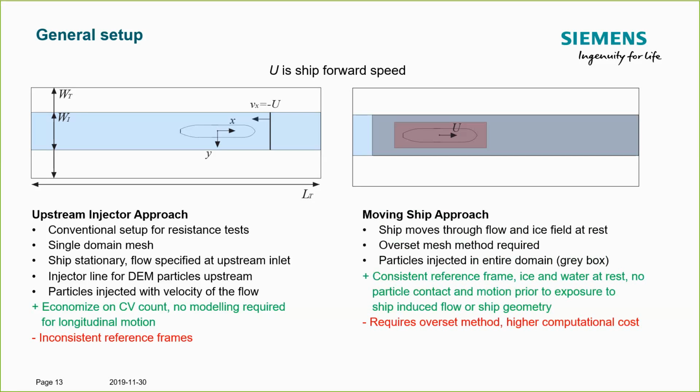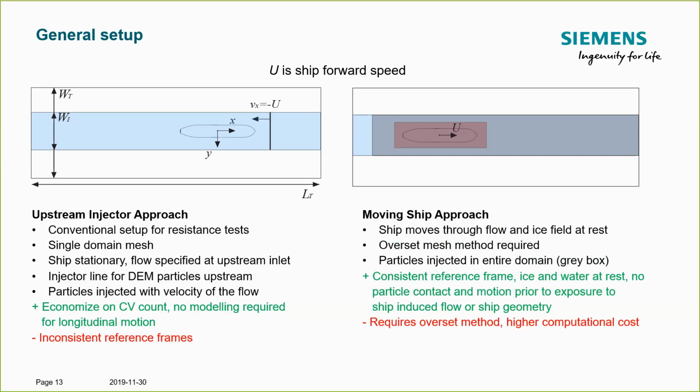So we have an ice field that already covers a decent area, and the ice and water will be at rest, and the ship will move through it. The advantages are apparent. It's consistent in terms of the reference frames. Ice and water are at rest. There's no particle contact and motion prior to exposure to the ship-induced flow or geometry.